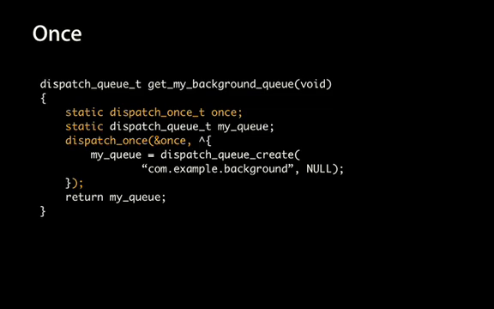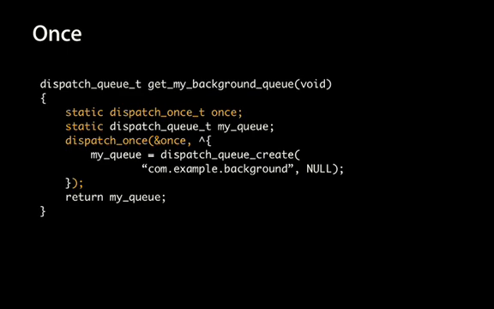Here's a very simple example where maybe we have created our own queue in our application. It's a serial queue. It's going to protect some resource, and it's going to be used to run stuff in the background. And we have a once predicate, which keeps track of whether this block has run or not. It's very important to declare this static or global in scope. If it's an automatic variable, it'll get reset every time the function's called, and then you're not going to get much of a guarantee.